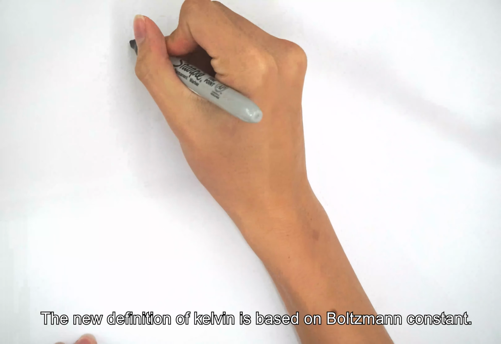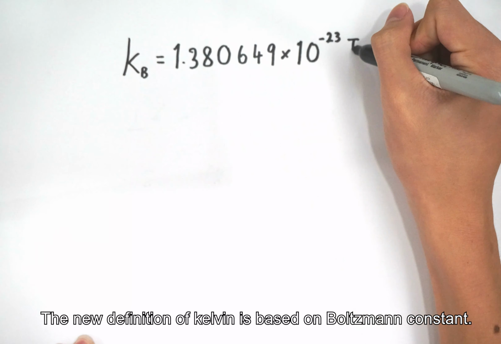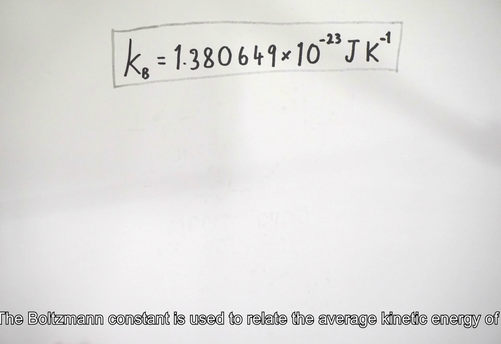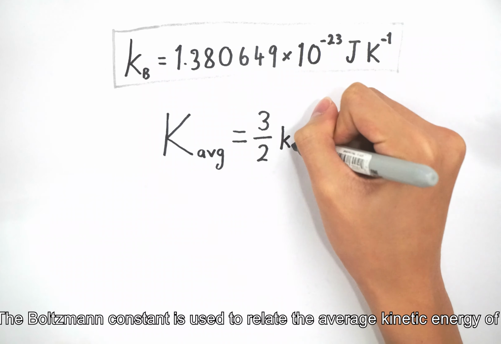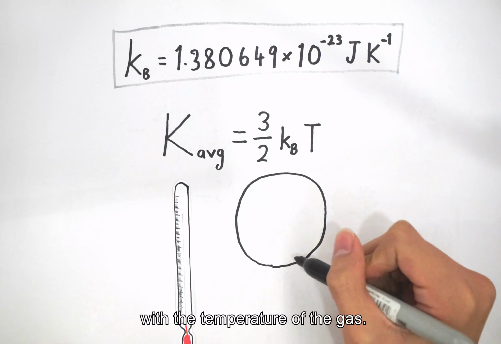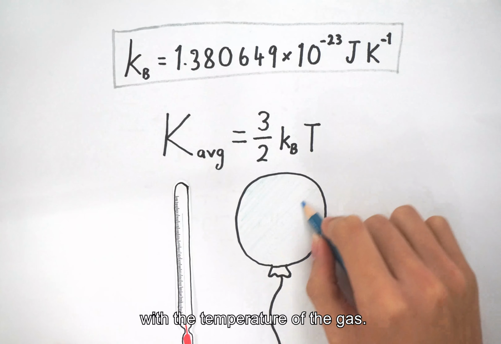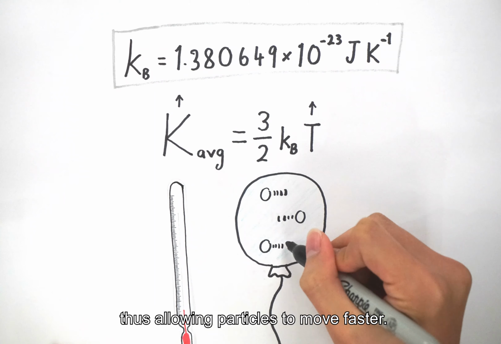The new definition of Kelvin is based on Boltzmann constant. The Boltzmann constant is used to relate the average kinetic energy of particles in a gas with the temperature of the gas. When temperature increases, the average kinetic energy of the particles increases, thus allowing particles to move faster.